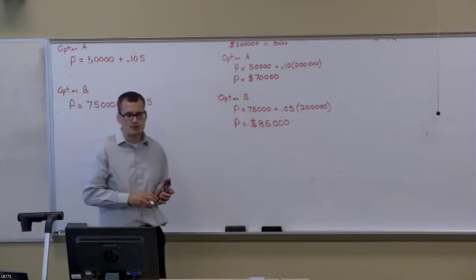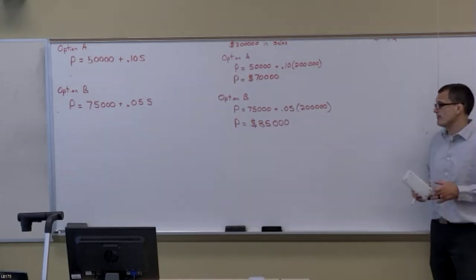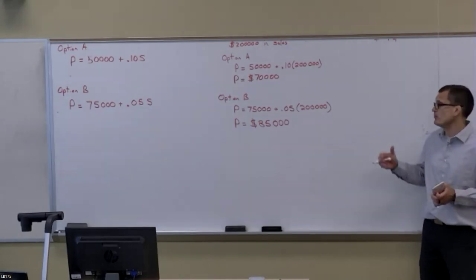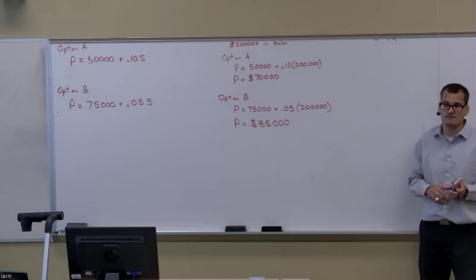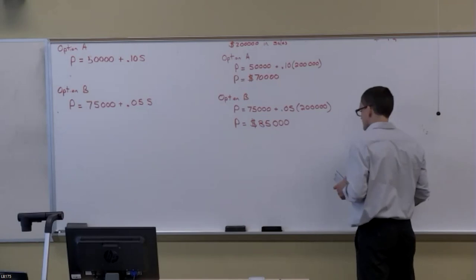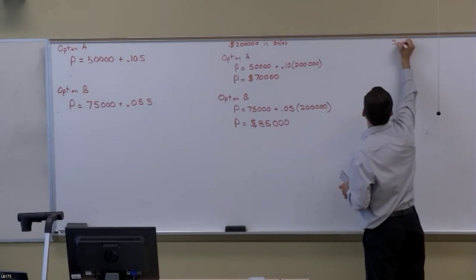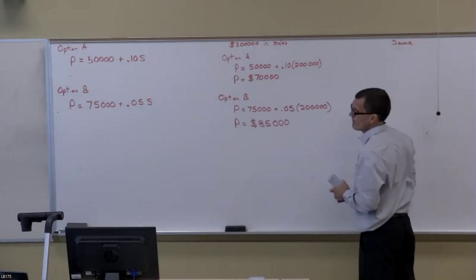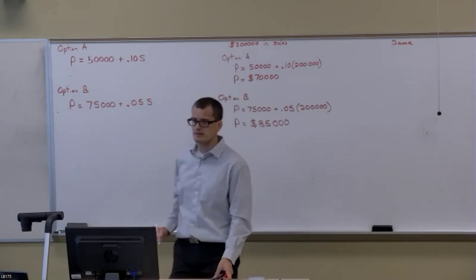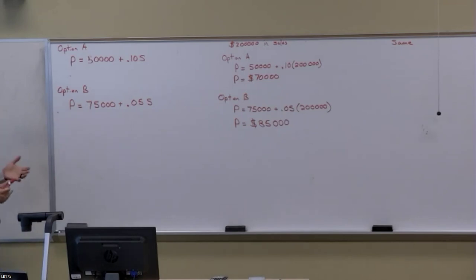So if this salesperson sold $200,000 worth of goods, then obviously their payment in option B would be better than their payment in option A. Then it asks, when would these be the same? How much would the salesperson have to sell in order for these two to be identical?